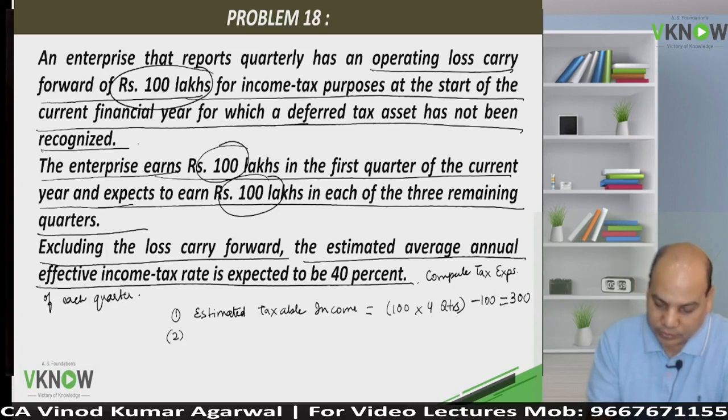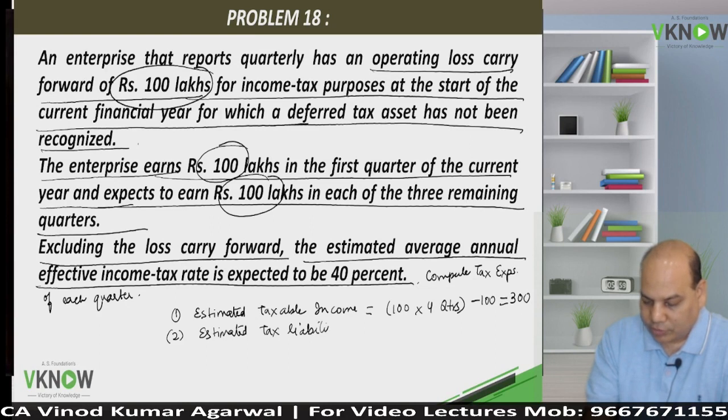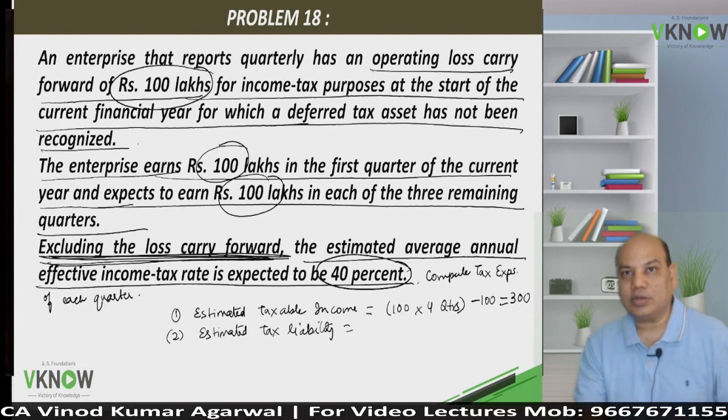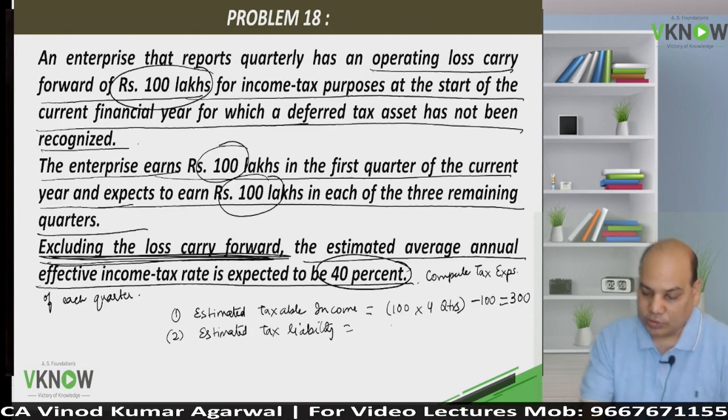Second, write down the estimated tax liability. The question says excluding the loss carry forward, the estimated weighted average tax rate is 40%, but we have to consider the carry forward loss also while estimating the weighted average tax rate.